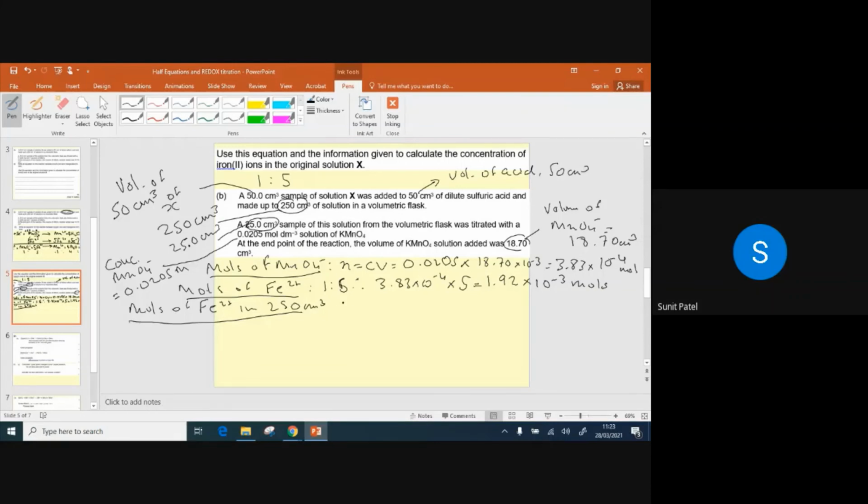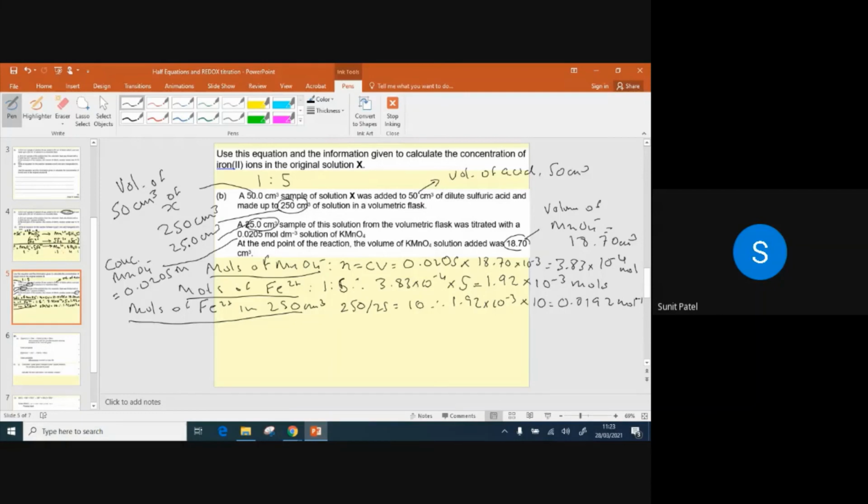And that's really easy, because if I do 250 divided by 25, it's a factor of 10. So therefore, what we need to do is take 1.92 times 10 to the minus 3 multiplied by 10, and that will give you 0.0192 moles.